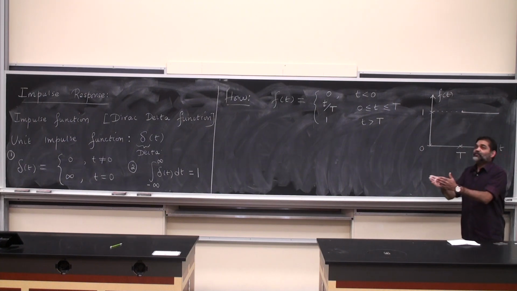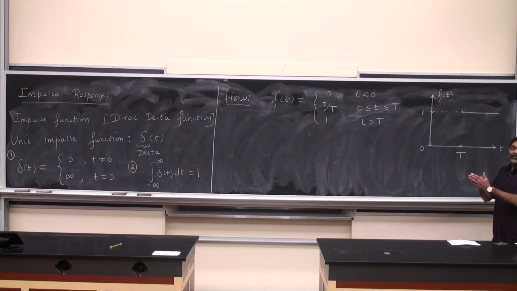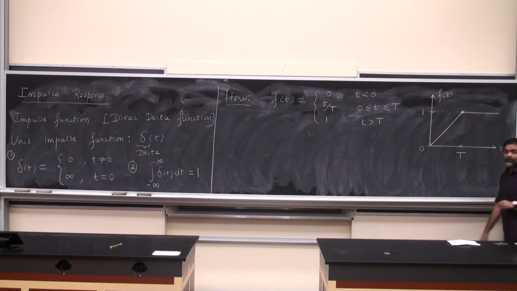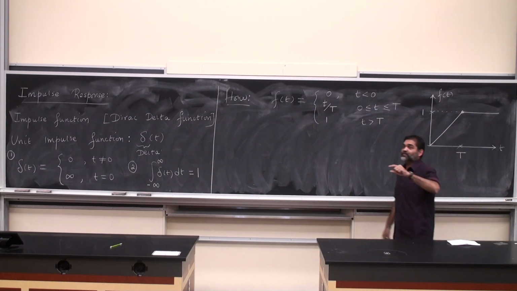Between 0 and capital T, what does this function do? Could anybody tell me? Look at the definition of the function. Yes. It's a linear increase, it's a ramp. Because it's 0 at t equal to 0, and when t is equal to capital T, it's equal to 1.